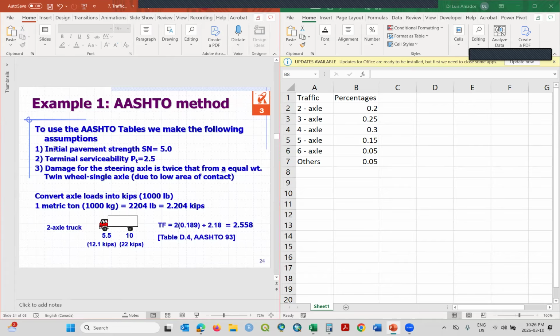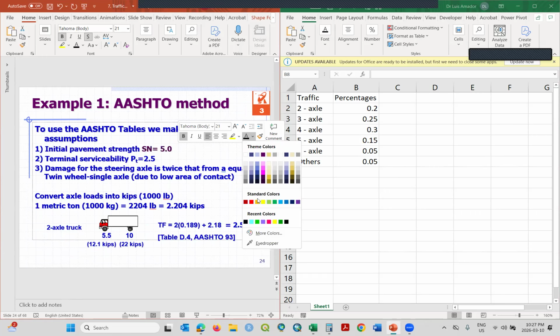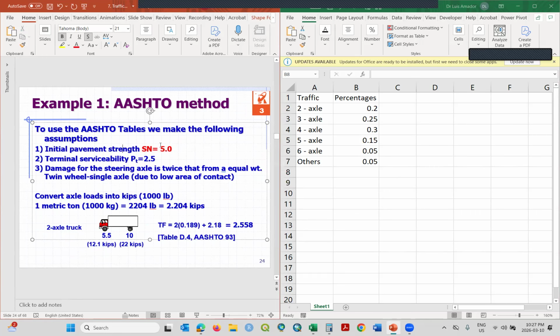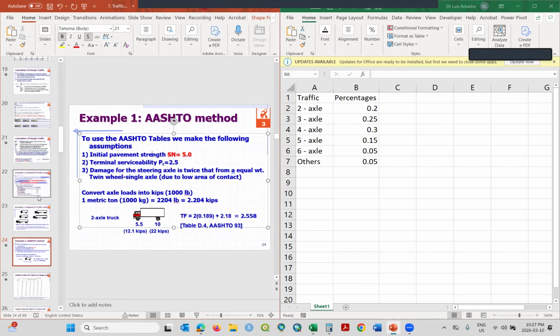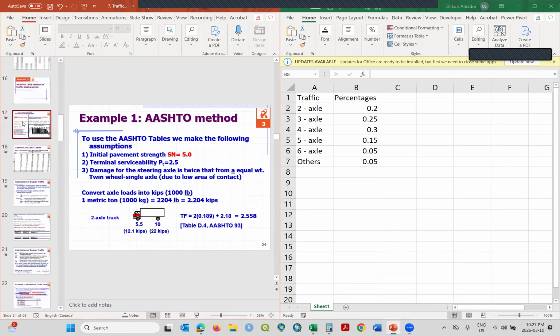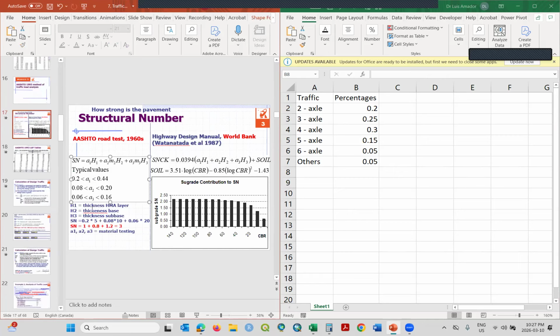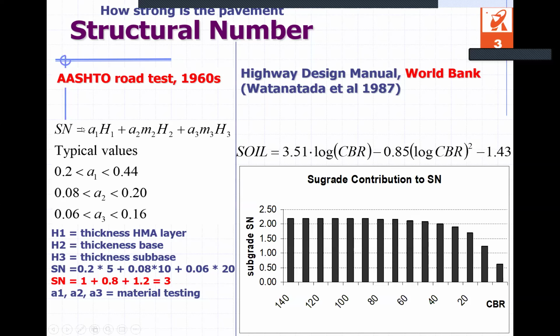Now, we're going to assume that the pavement has a structural number of 5. So this is something I will have to give you, or I give you a way to calculate, okay? How do I give you that? Well, I will simply tell you what is the thickness of the hot mix asphalt, the thickness of the sub-base and base, and I will give you the coefficients and you can calculate.